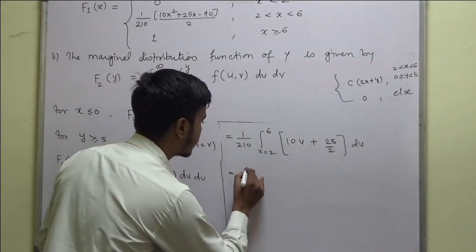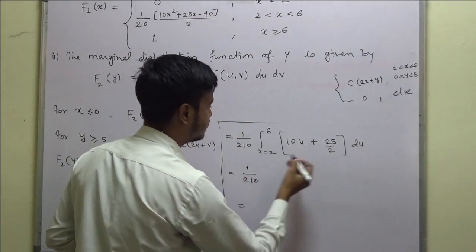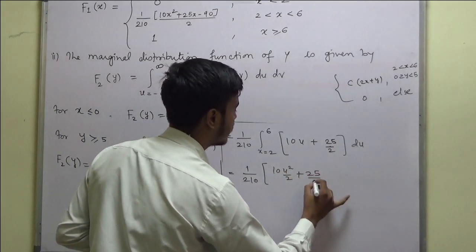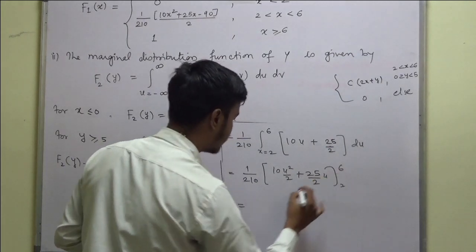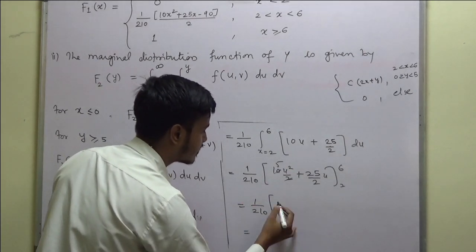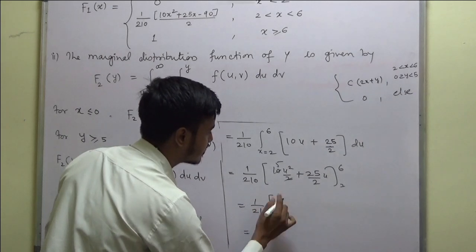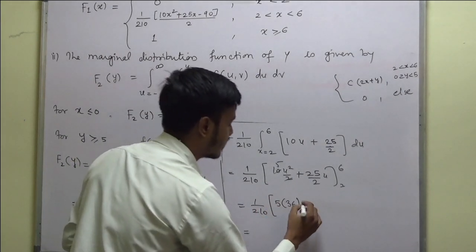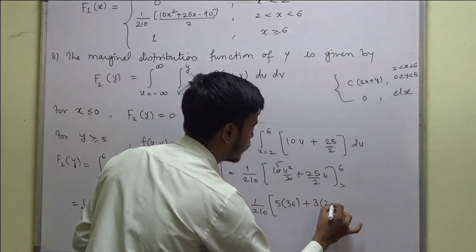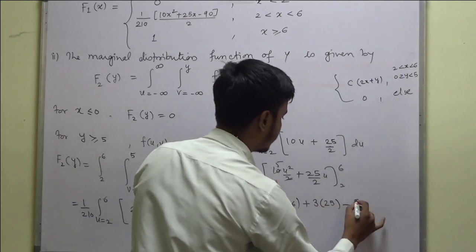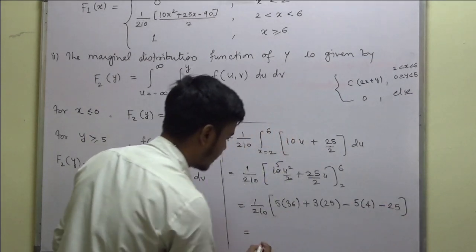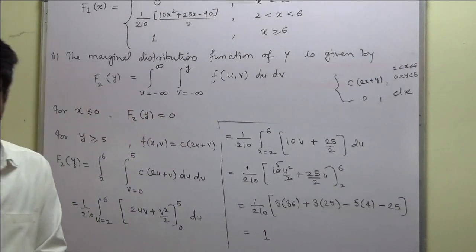So the next thing is 1 upon 210 times 10u square by 2 plus 25 by 2u, then 2 to 6, then we have this is 5, then 1 by 210, then this is 20, then this is 5 into 36 plus 3 into 25 minus 5 into 4 minus 25, and this comes out to be 5 into 36.